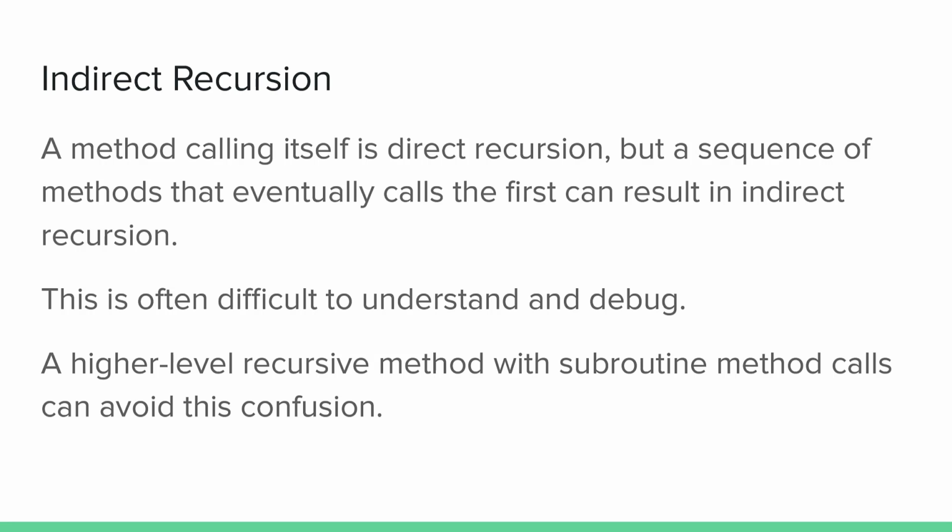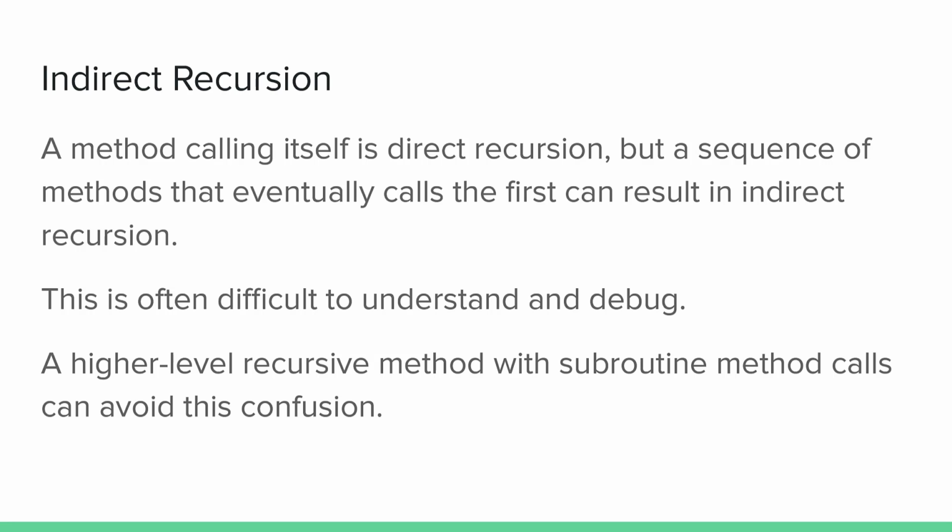It is possible, however, that you could create a sequence of methods that create sort of a cycle or a loop, where, say, method 1 calls method 2, calls method 3, which calls method 1, which calls method 2, method 3, and so on. This is generally a mistake. It's poor program design. It makes it extremely difficult to understand what's going on, and it makes debugging extremely difficult.